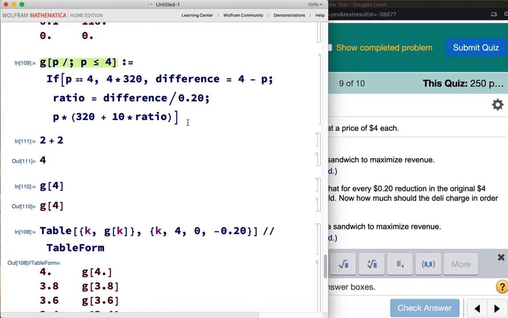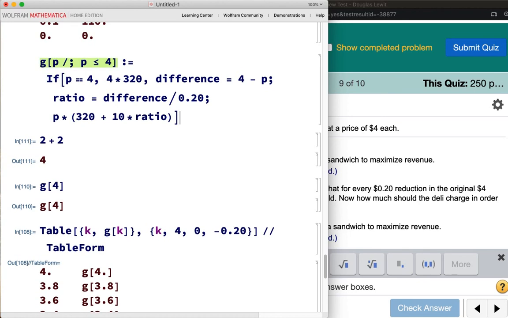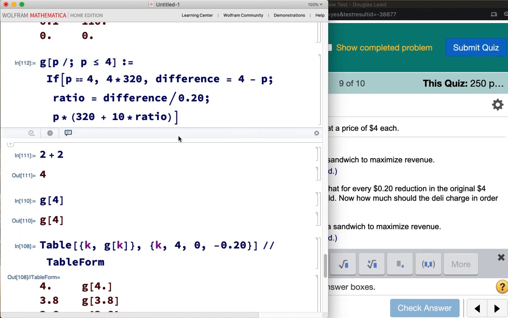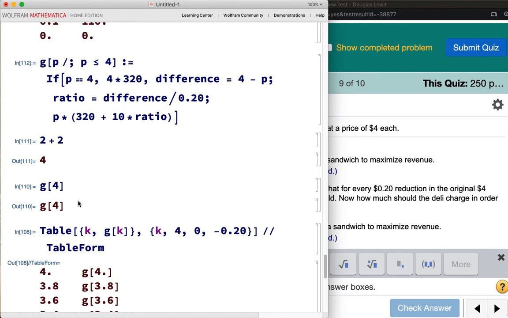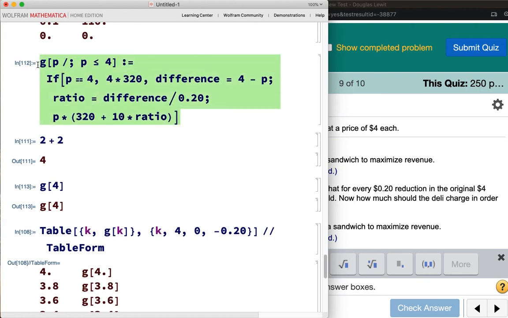Oh, you know what? That's very, very weird. Okay, for some reason, it didn't evaluate my g function. I don't understand why.